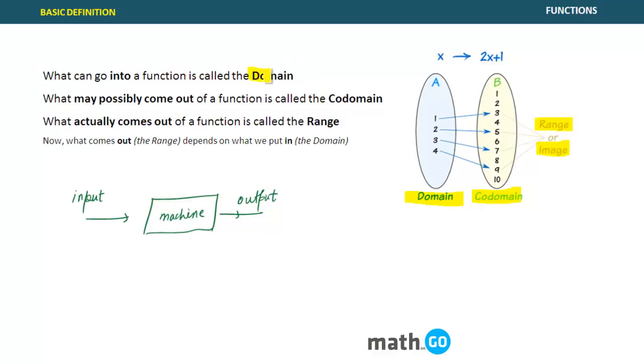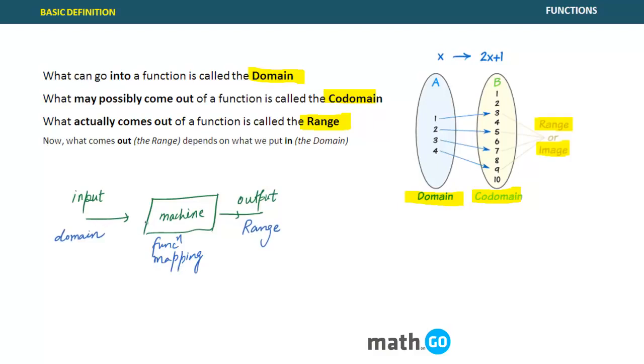In this context, the input is called domain. The machine is known as your function or the mapping, any word will do. The output is known as range. This is how you actually define a function.